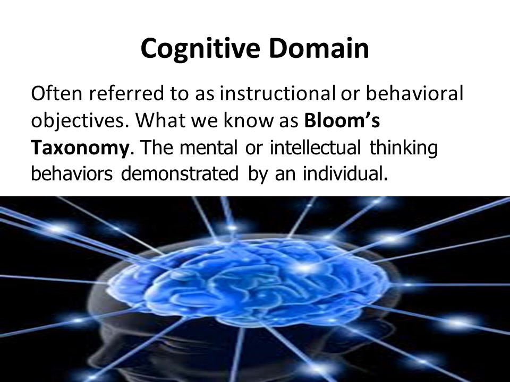The cognitive domain focuses on Bloom's taxonomy, that is, the mental or intellectual thinking behaviors demonstrated by an individual learner. In your curriculum, I anticipate that the majority of your learning outcomes will be focused on the cognitive domain.